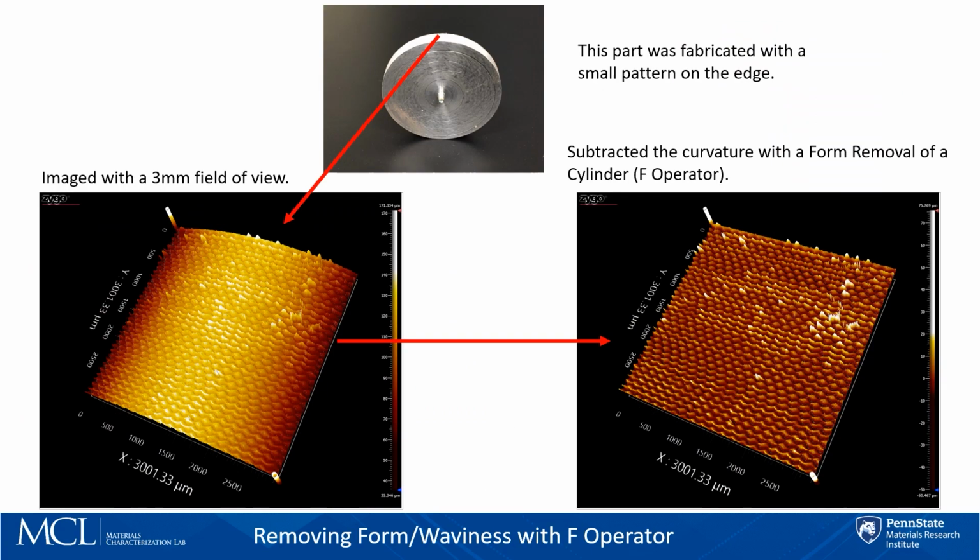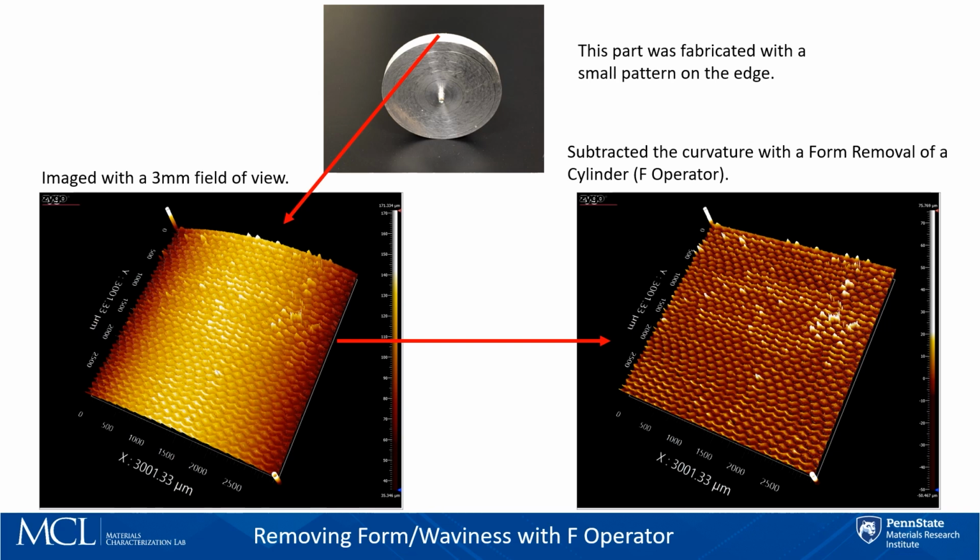When we are taking roughness measurements on parts that have some kind of a form other than a flat substrate, that needs to be taken into consideration as well. This curvature would be considered the waviness. Now, that might be important. If we collected enough of a field of view of this, we could actually determine what was the radius of this part and all that kind of stuff.